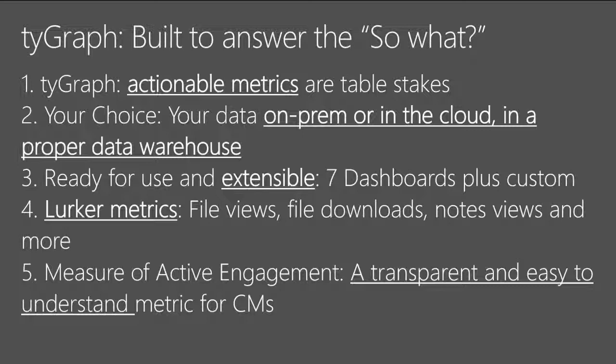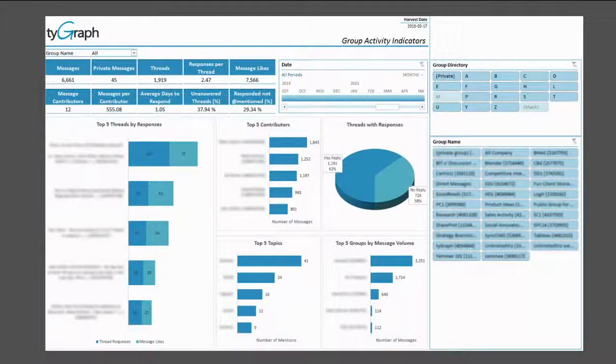I'm going to show you some of our dashboards here. Let me see if I can move the, there we go. So this is what tyGraph looks like. This is one of the 7. This is about group activity and group activity indicators. The first thing you might notice, Richard spent some time talking about time and dates.